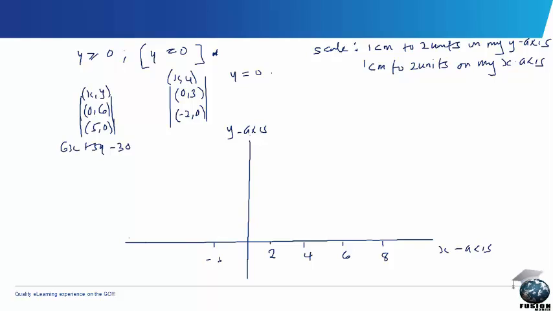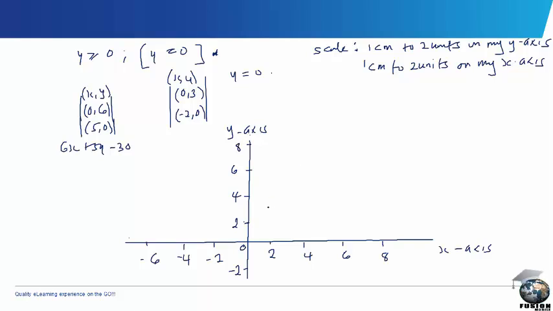For this you have minus 2, minus 4, and then minus 6. At the origin you have 0, minus 2. And for this you have 2, 4, 6 and 8.